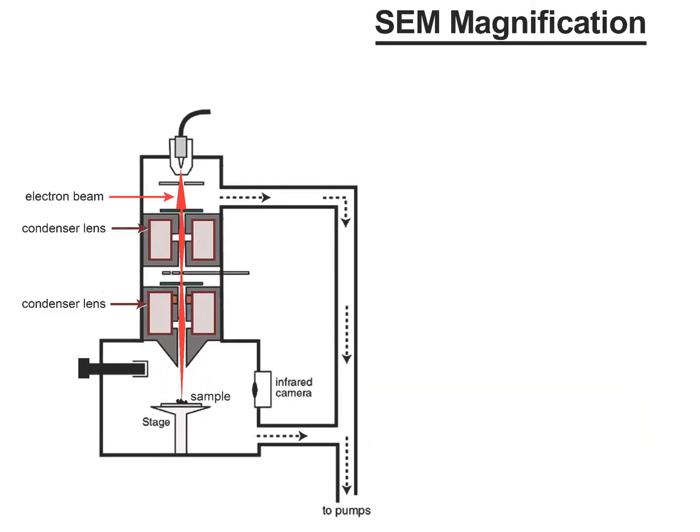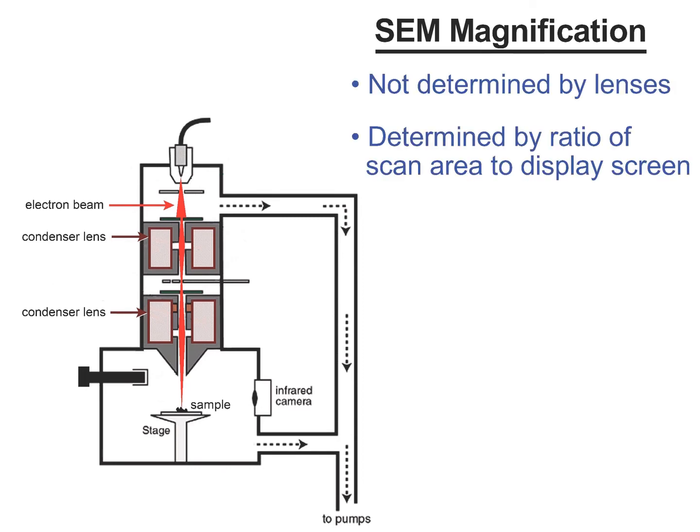Just like image formation in the SEM is not what you might expect, magnification is also not the same as seen with light microscopes. I mentioned earlier that lenses in the SEM are not made of glass, but instead are electromagnets used to control the electron beam.